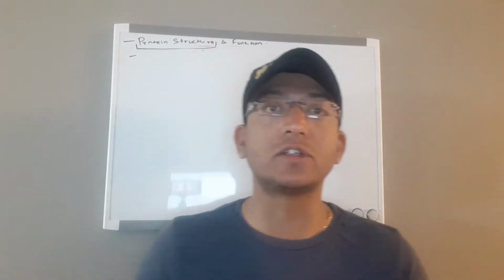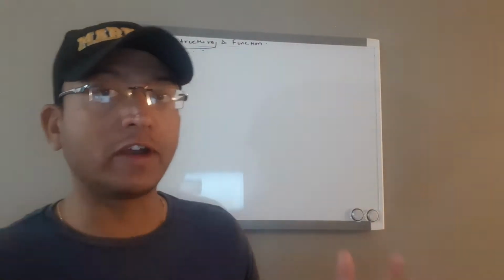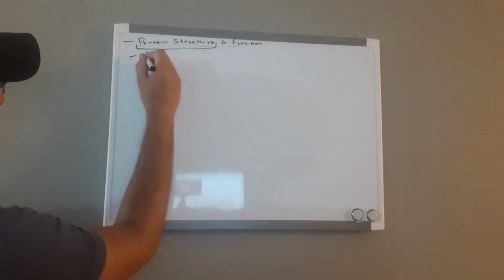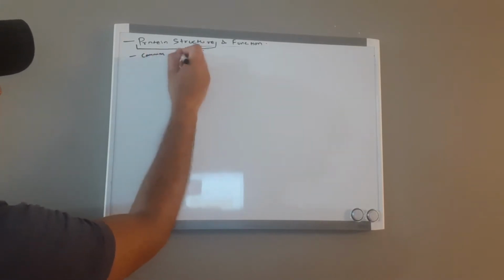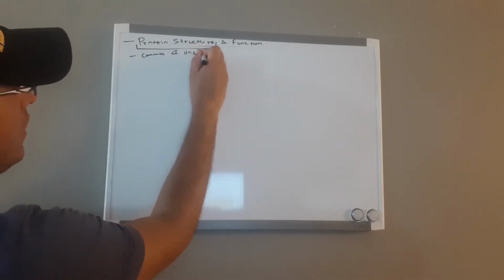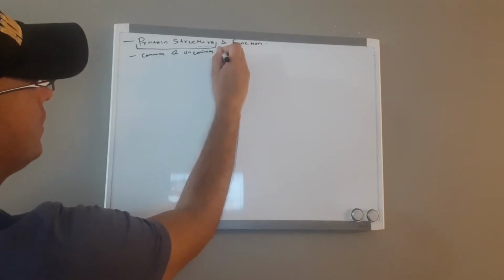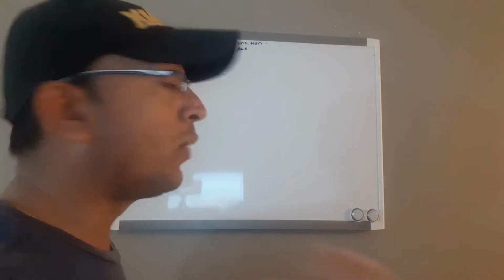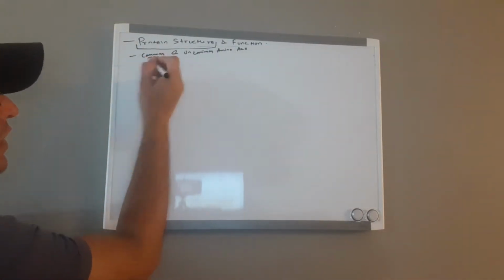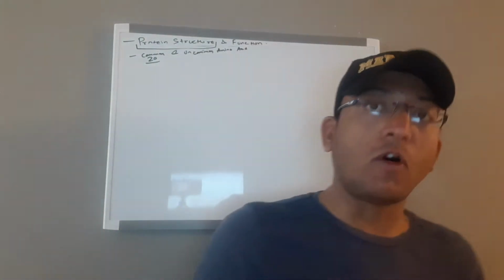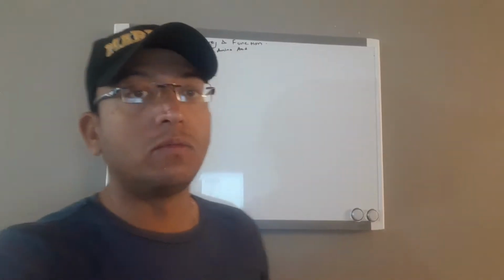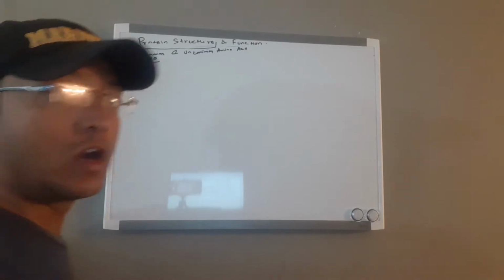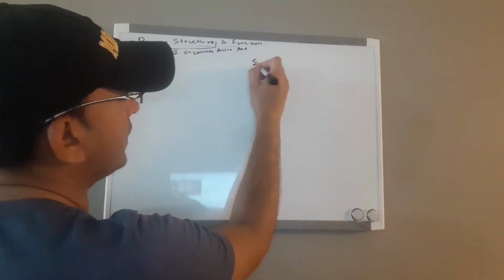And amino acids, so there are different kinds of amino acids. There is common and uncommon. So I will just write quickly common and uncommon amino acid. For common, there are 20 amino acids from which most of all the proteins are created, and the structure of an amino acid is like that.